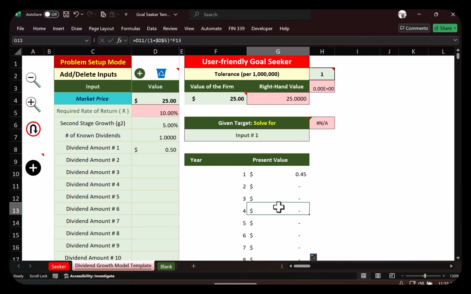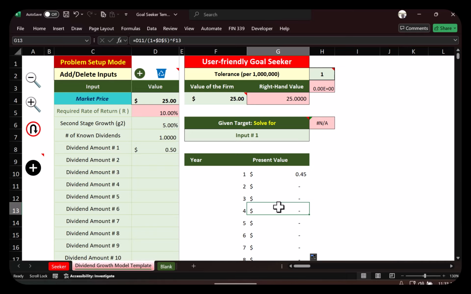Now, ideally, if you know only one dividend, you're going to have an amount for the first dividend and the others should be zero. But when you're developing a template like that, sometimes you have to anticipate user errors. Maybe from a previous use, you had numbers from 2 to whatever. But this time, the user wants to have only one known dividend. If they didn't bother to clear it, you want to make sure that they didn't trip themselves.